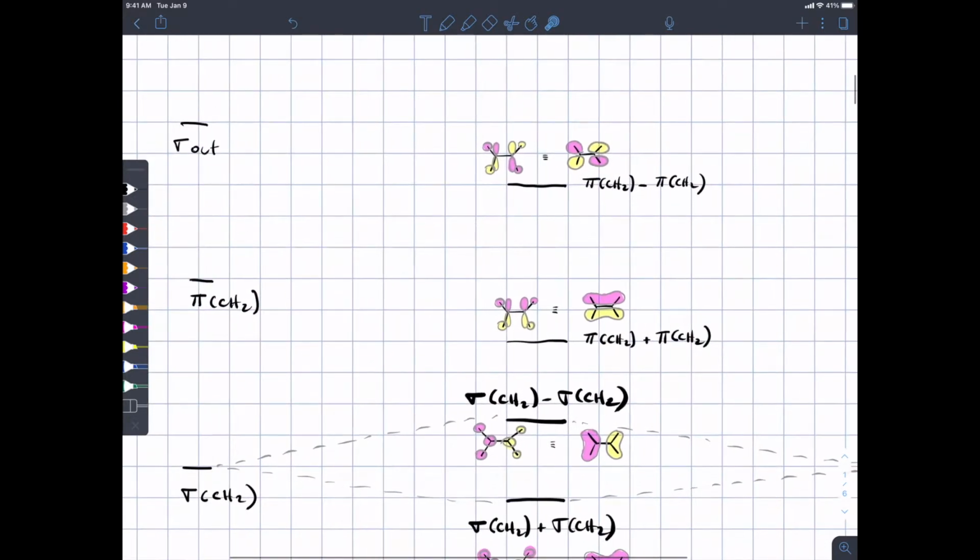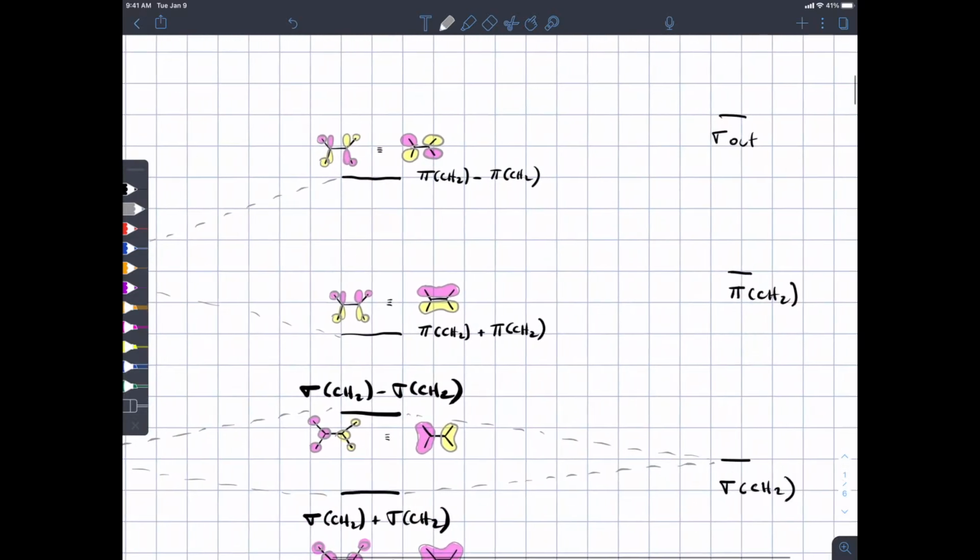All right, and again, if you like, you can put the dotted lines to remember where the orbitals come from, though they're not strictly necessary, and they may make your drawing a little more confusing.